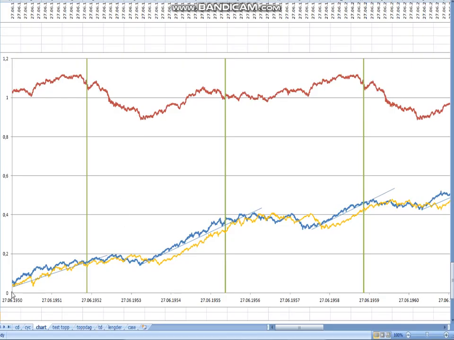I'm not quite sure where this low was around 1950, but let's assume it was here. So I'm drawing the trend line of this current cycle. I'm not quite sure where to put it this time. I would normally have put it like this maybe, but this was a very resilient extended cycle.